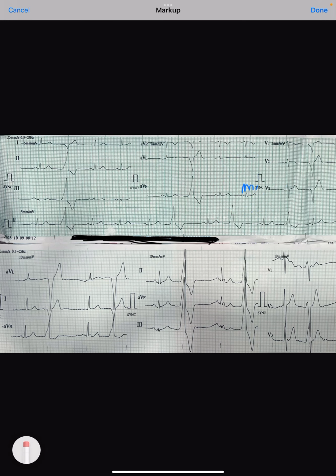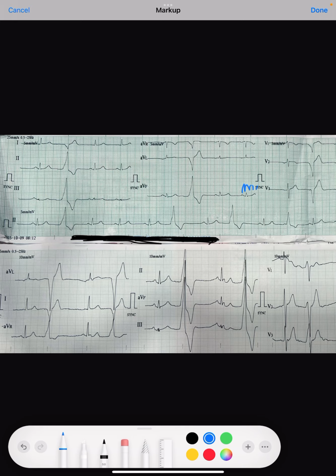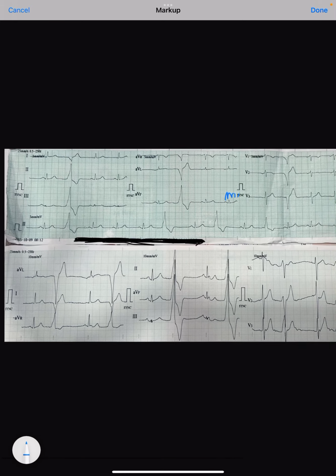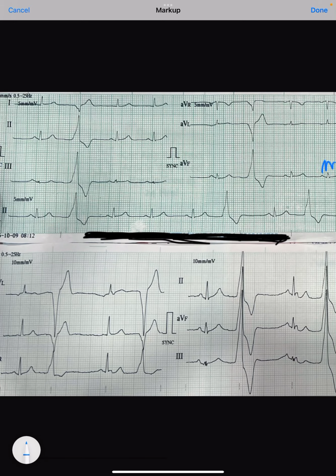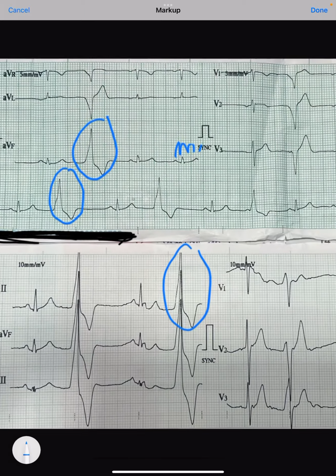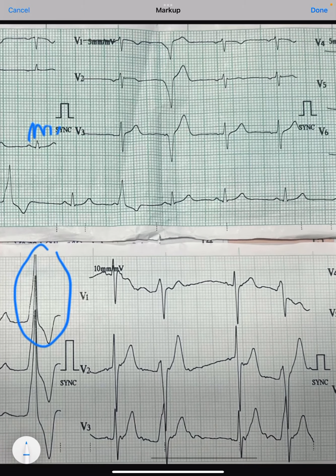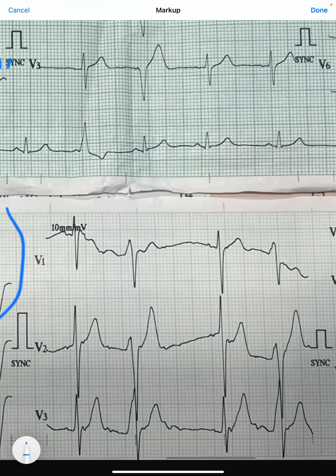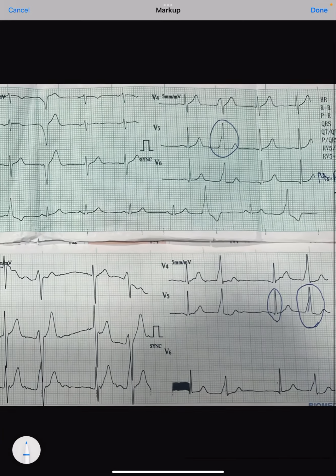He had done an ECG outside, and I did one ECG in my OPD when I found these abnormalities. So we'll look at some of these abnormalities very closely.